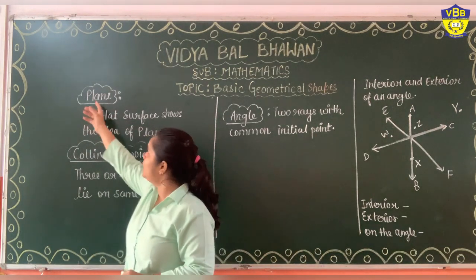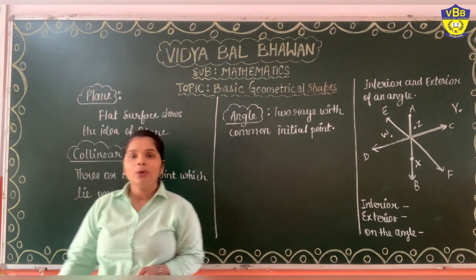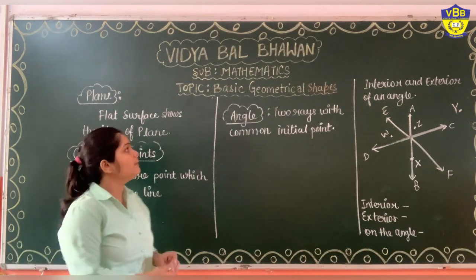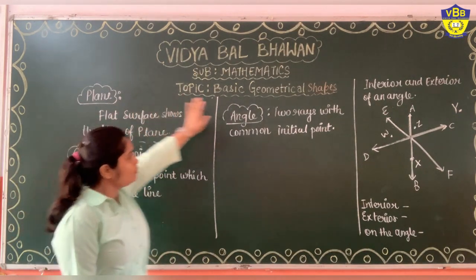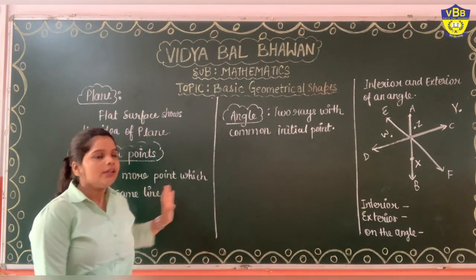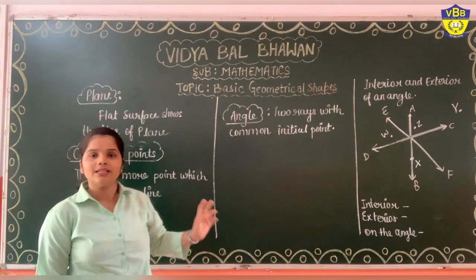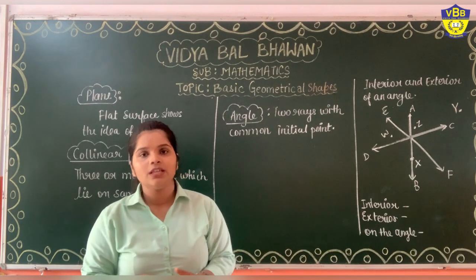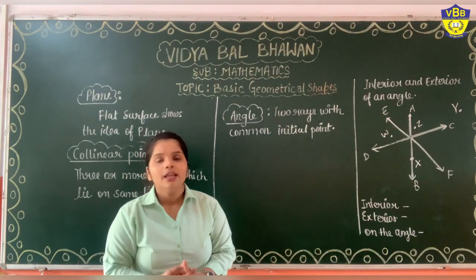Now, why are we discussing this here in plane? So what are planes basically? Planes are basically flat surfaces. If I am talking about this green board, it is flat, so it will be considered a plane, or all flat surfaces show the idea of a plane.